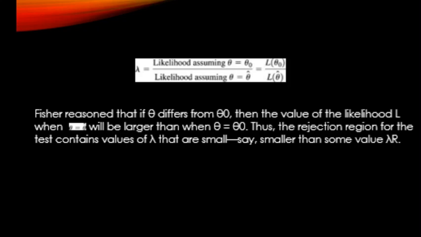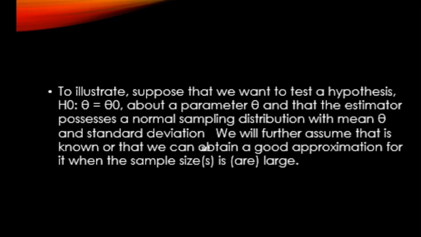So the rejection region for the test contains values of lambda that are small. A simple way of understanding this is that the likelihood ratio would be large if the values are similar, but it will be small if the values are not similar.